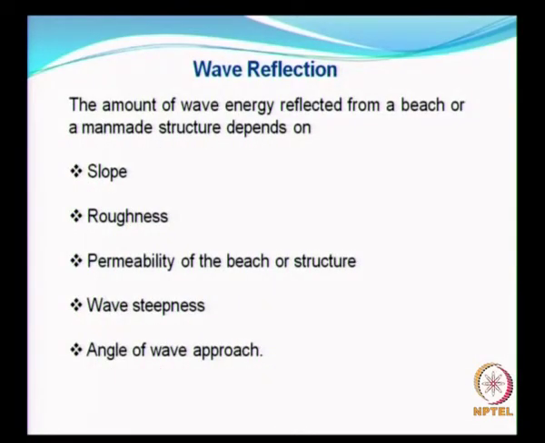So, I have already explained this. Once again, let us see this. The amount of wave energy reflected from a beach or a man-made structure depends on the beach slope, the roughness, permeability of the beach or the structure, wave steepness, as well as the angle of wave approach.